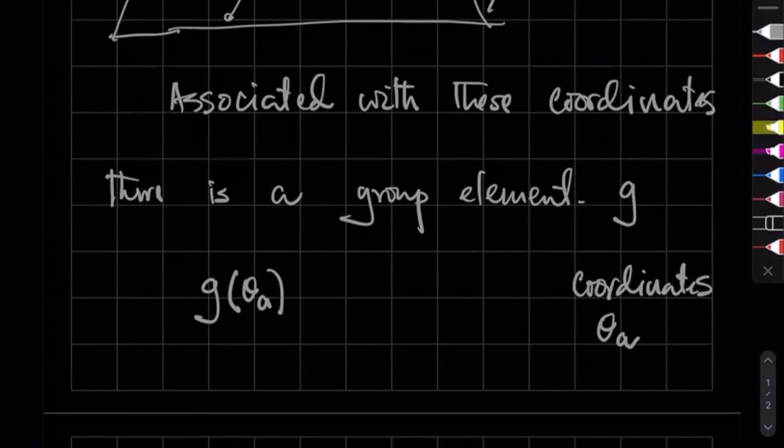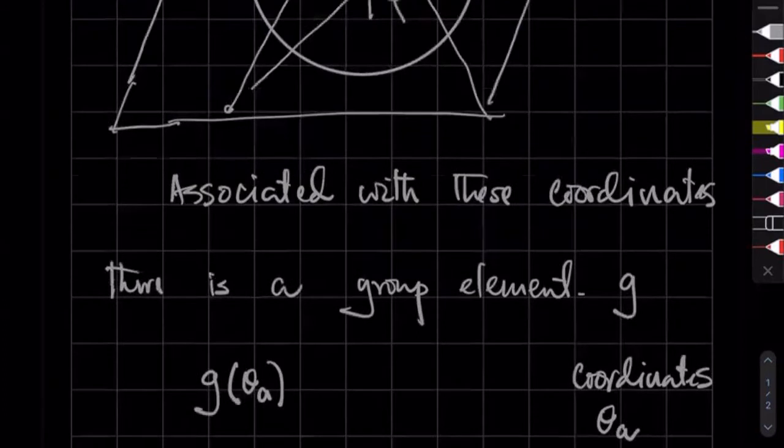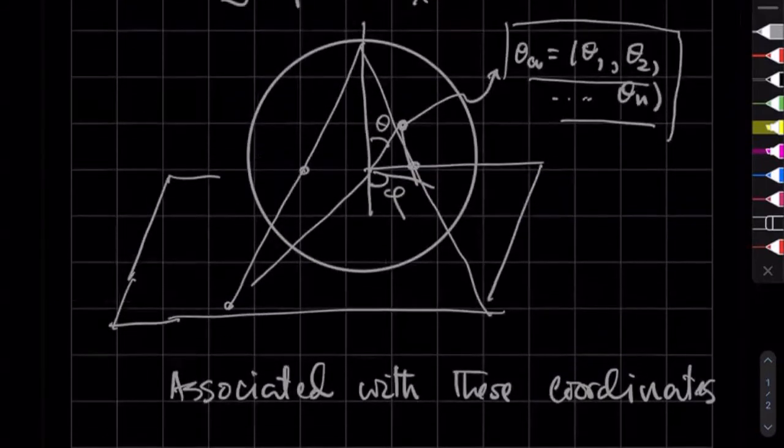Sir, why does it have to be a function of theta? Well, the Lie group is a manifold, right? Every point on this manifold is a group element. That's how it's defined.